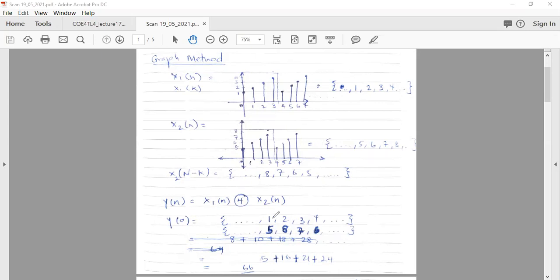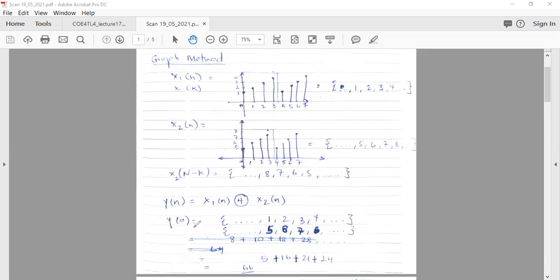So basically, 1 is in line with 5. So 5 multiplied by 1 is going to give me 5, plus 8 multiplied by 2 will give me 16, 7 multiplied by 3 is going to give me 21, plus 6 times 4 is going to give me 24.